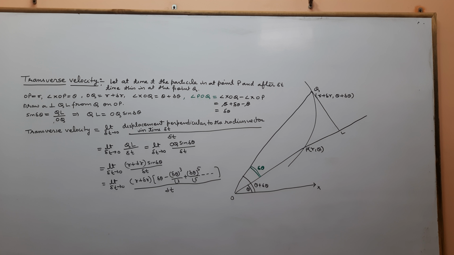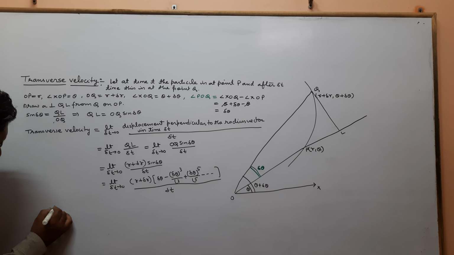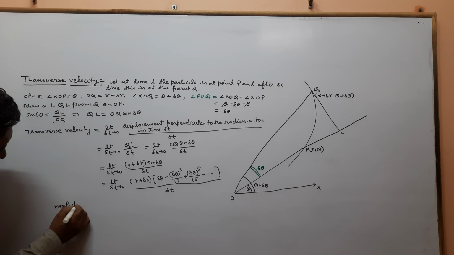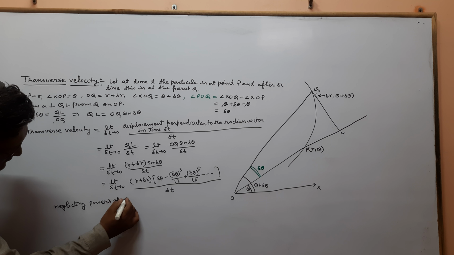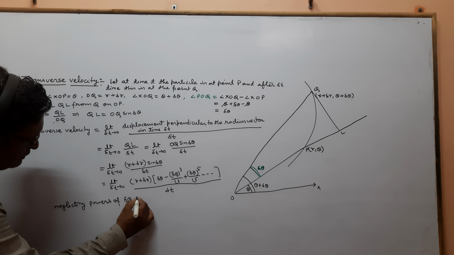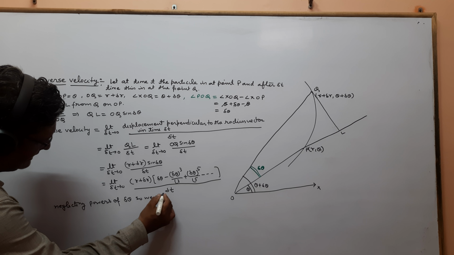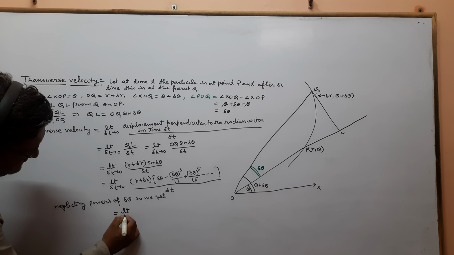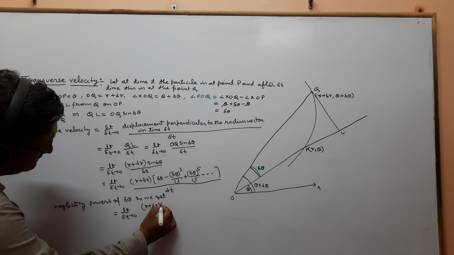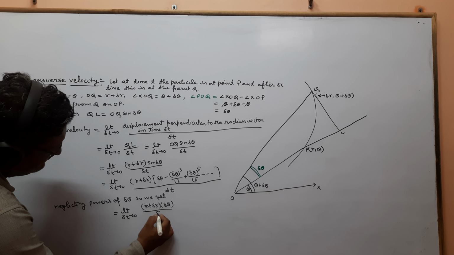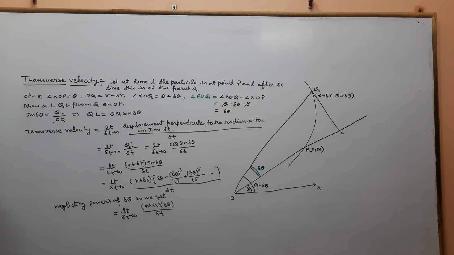Now neglecting powers of del theta, we get limit del t tends to 0 of (r plus del r) del theta divided by del t.